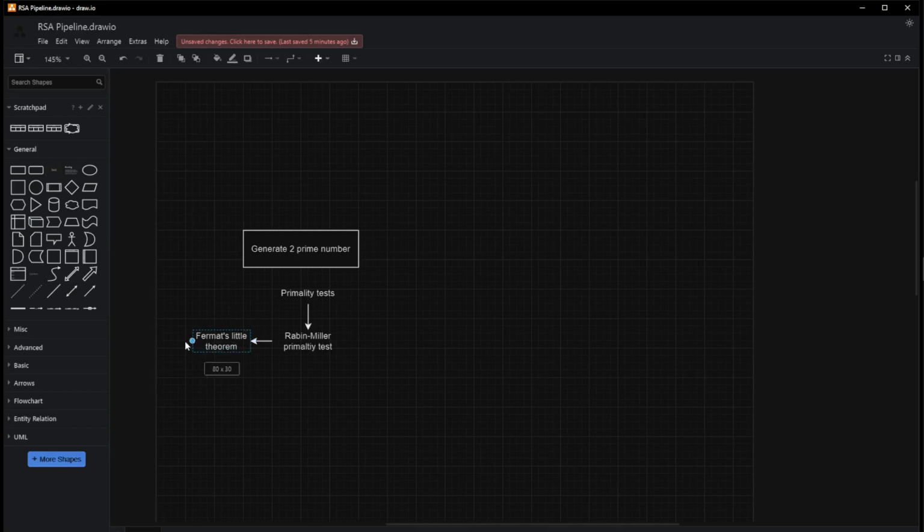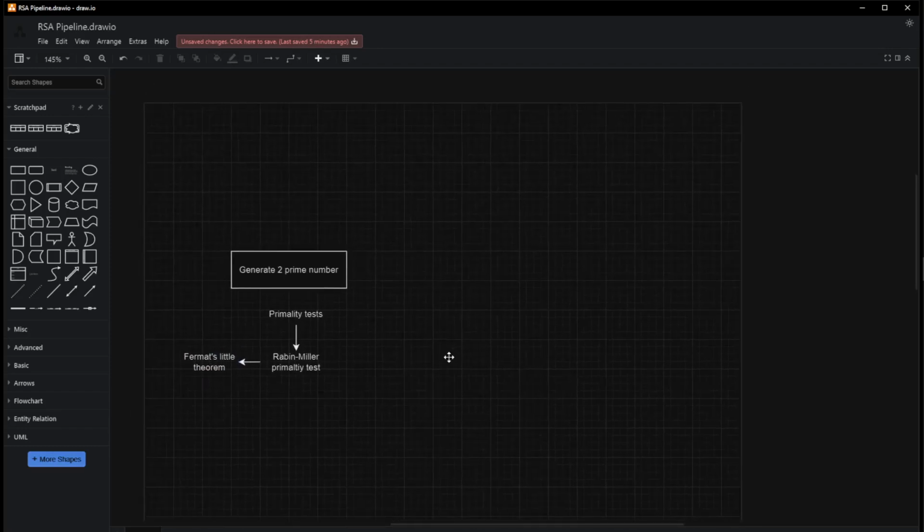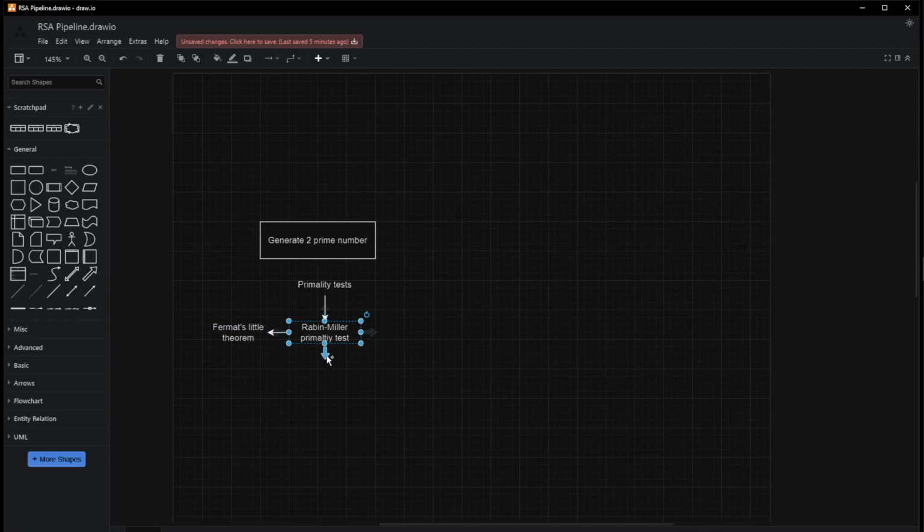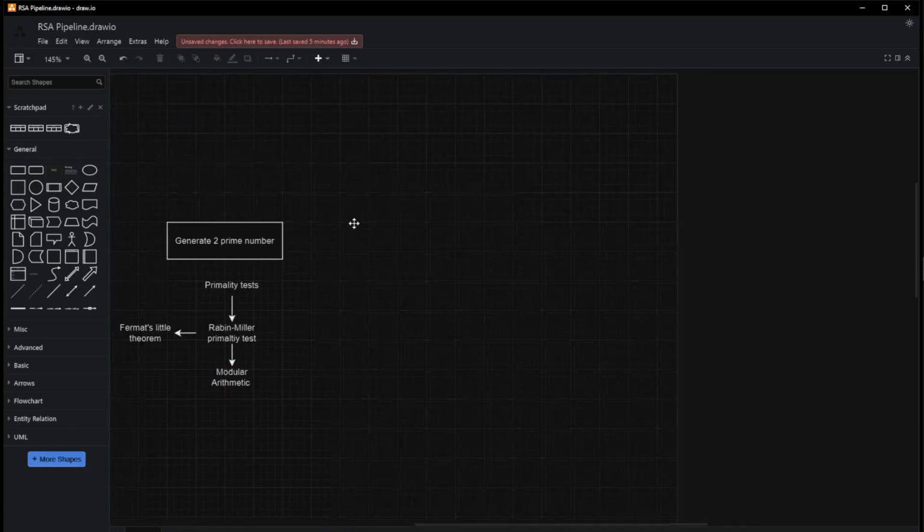His Last Theorem is probably a lot more popular than his Little Theorem, but his Little Theorem is very useful. And we're going to learn a little bit about modular arithmetic, which will come in handy for the next stage.